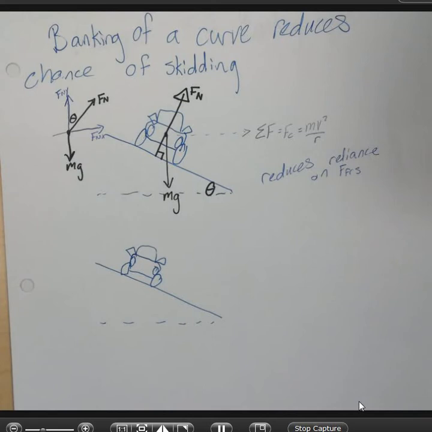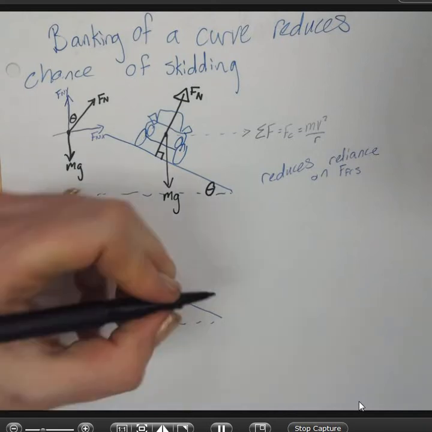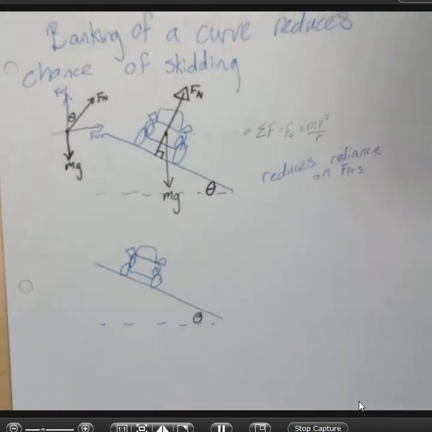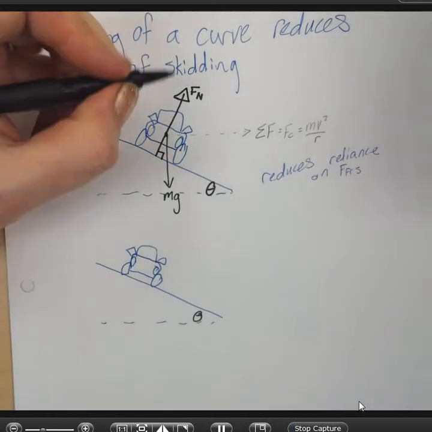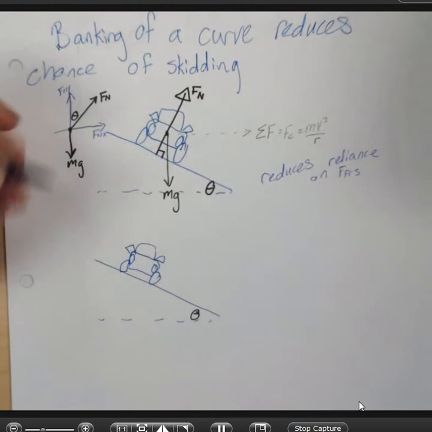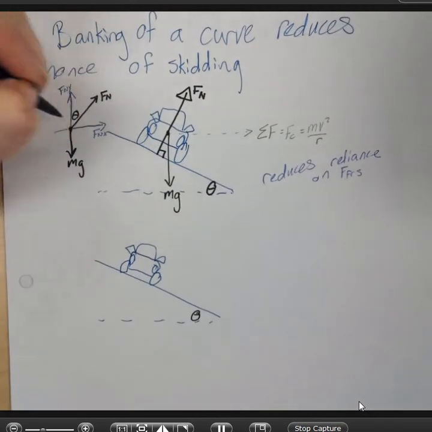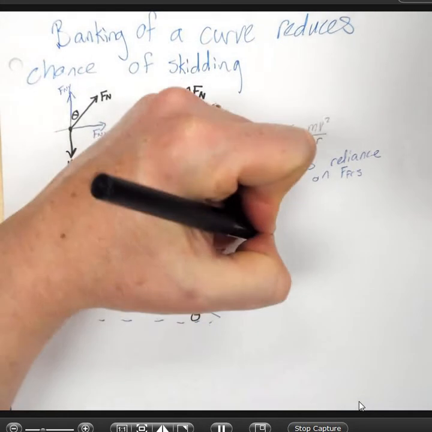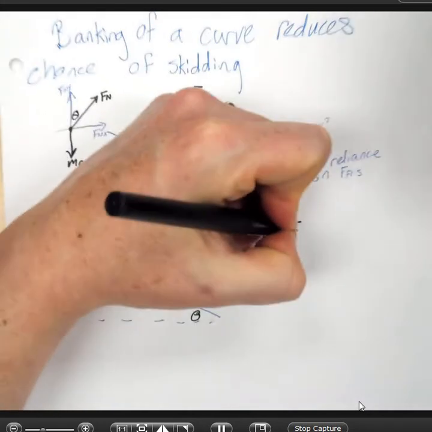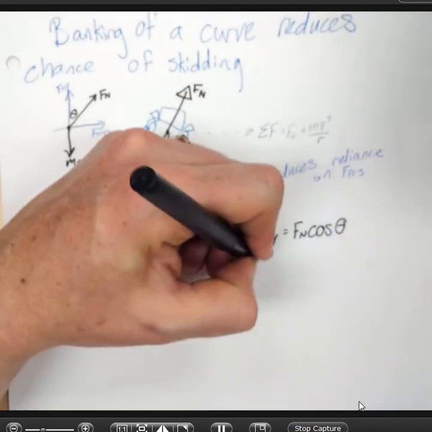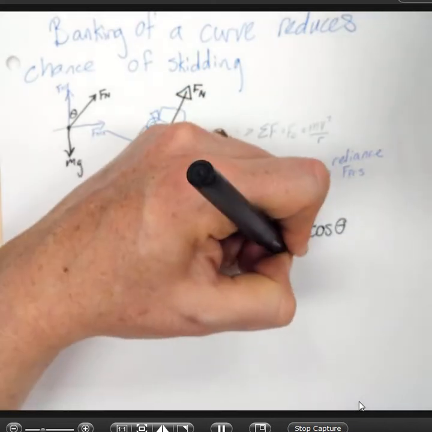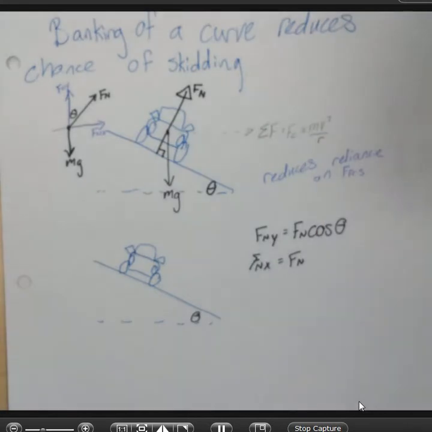So if we have a curve at angle theta, then that angle will give us an x component of our normal force. So our force normal in the y direction would be F_N cosine theta, and for our force of normal in the x direction we get F_N sine theta.